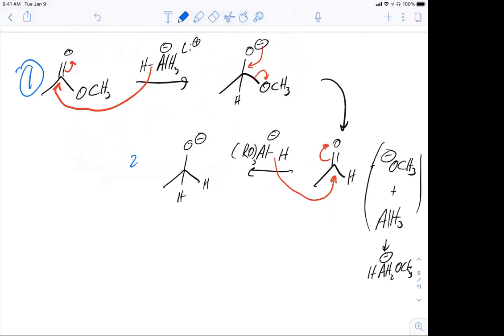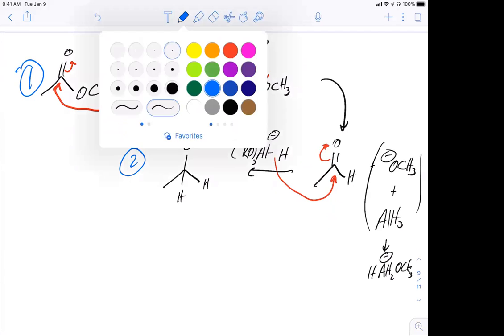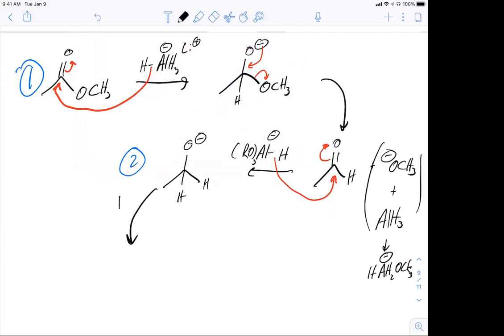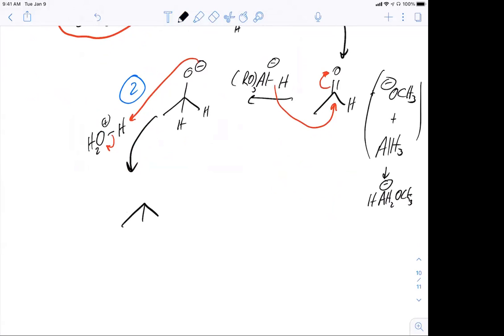Step 2 starts when I add in my proton source, usually just a mild acid solution, just enough to be a proton source. And I get my final product.